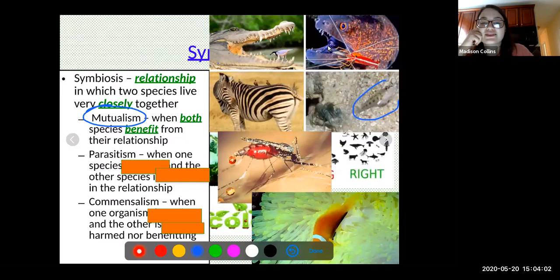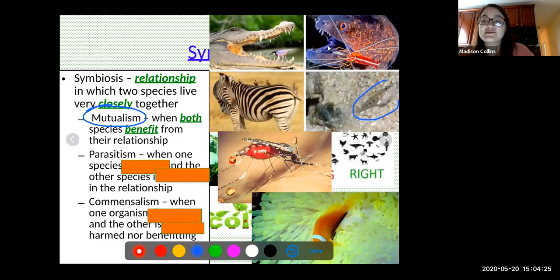And then, of course, last but not least, we've got the clownfish and the sea anemone. I'm sure you've seen this in Finding Nemo, where the anemone shocks every single organism that comes near it, except for this clownfish.